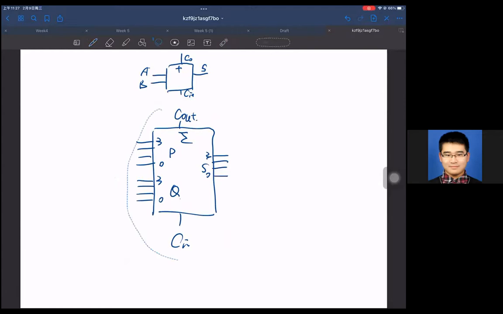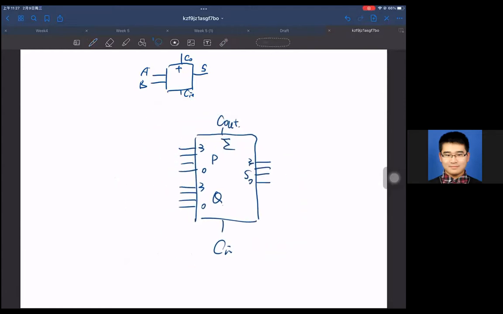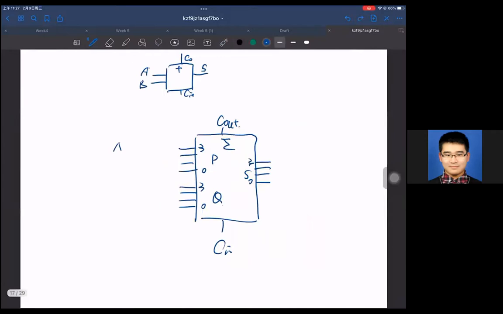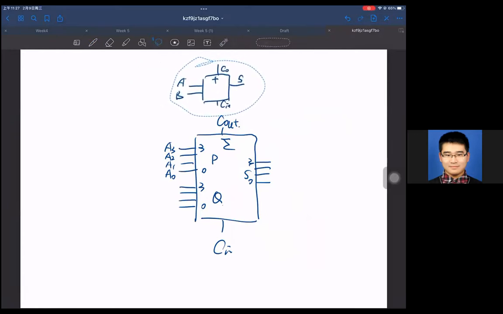And there's no doubt if I connect the BCD, from A3 to A0. Okay. This is of course what we need to do. Then, if you agree with me, A is always going to be 0, right?